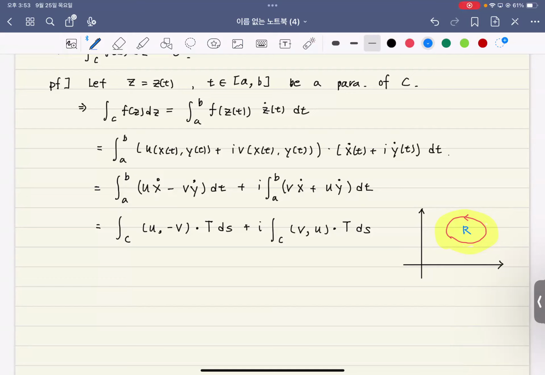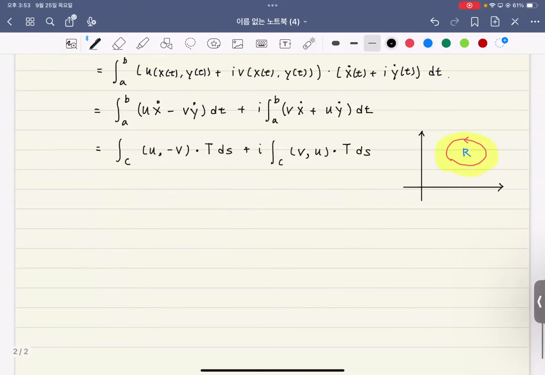Now this is the best time to take advantage of Green's theorem. Do you remember what Green's theorem was? For those of you who do not remember, here is a quick reminder.